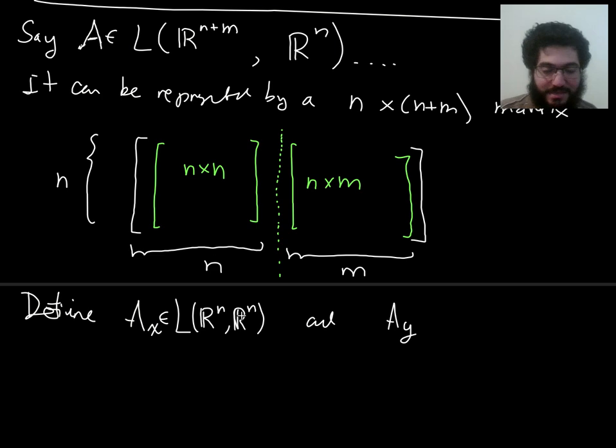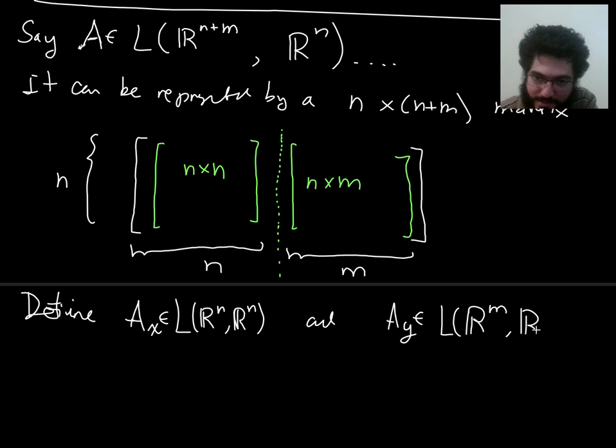It's going to end up being the one whose representation in the standard basis is given by this submatrix, and A_y is going to be a linear map from R^m to R^n, and it's going to end up being the one whose matrix representation in the standard basis is given by this submatrix. And what's the definition that achieves this? Is this.